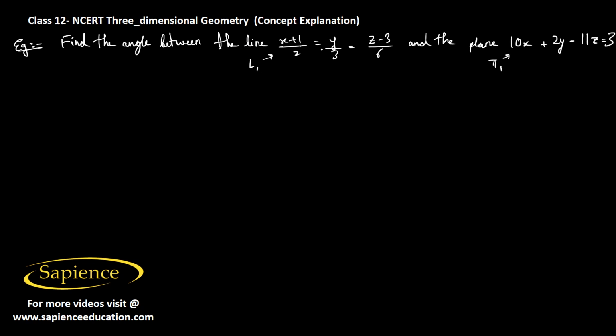So we can convert them into their corresponding vector forms. The equation of the line is given in the Cartesian form. We can convert it into the vector form.